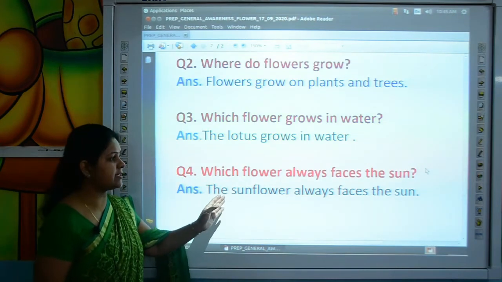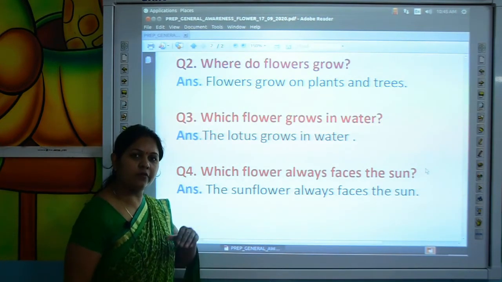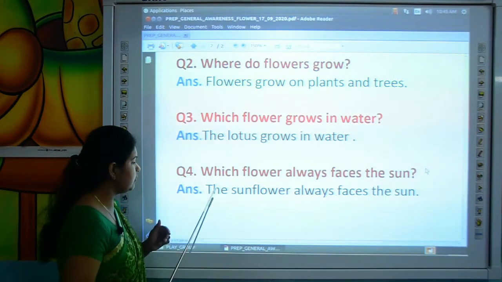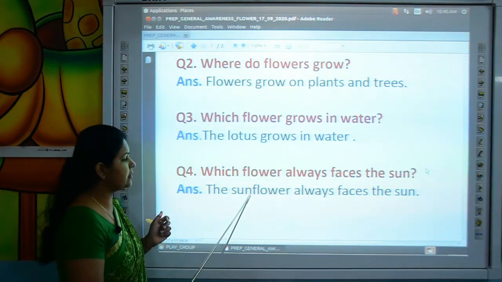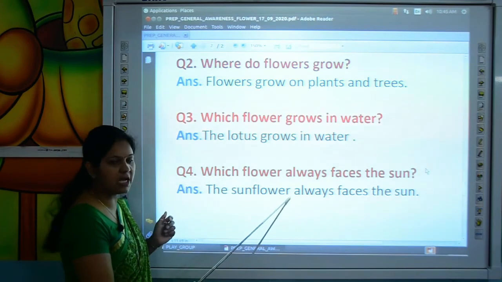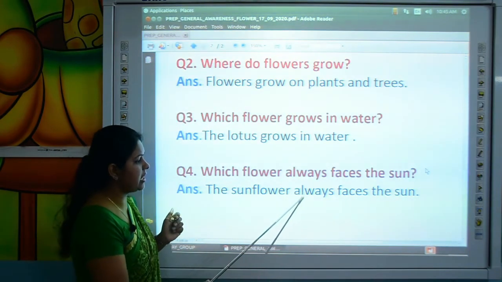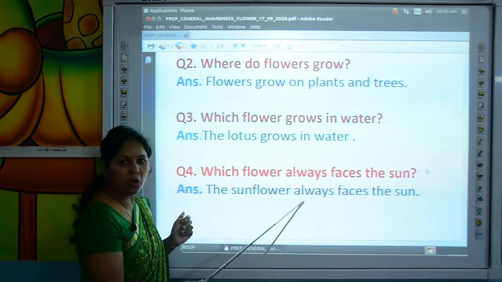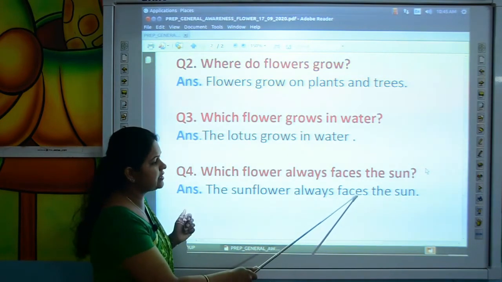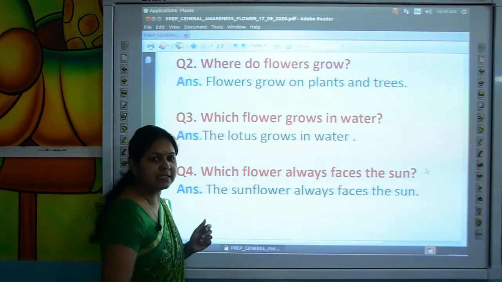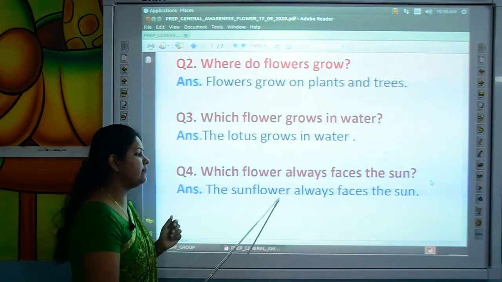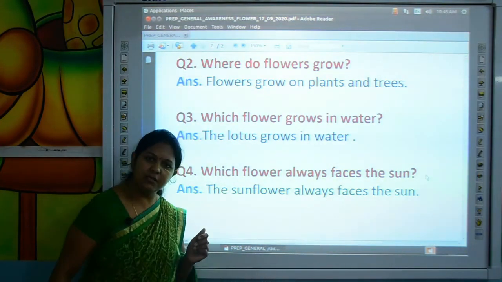Which flower always faces the sun? The sunflower always faces the sun. Now read the answer. THE, the. SUN, sun. FLOWER, sunflower. ALWAYS, always. FACES, faces. THE, the. SUN, sun. The sunflower always faces the sun.